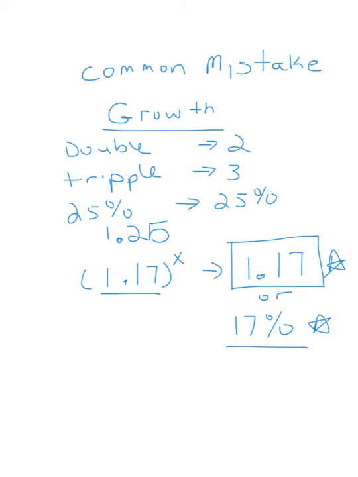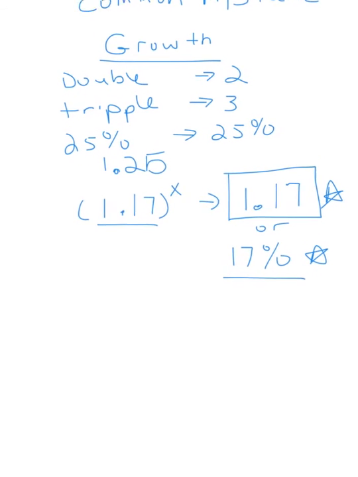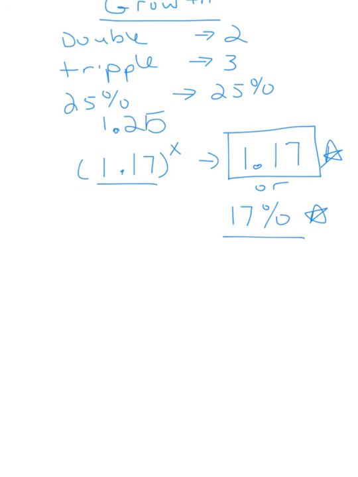Let's look at decay before we move on, because there were some mistakes with decay as well. So decay, a half-life is an example of decay. And that would give you a decay factor of a half.